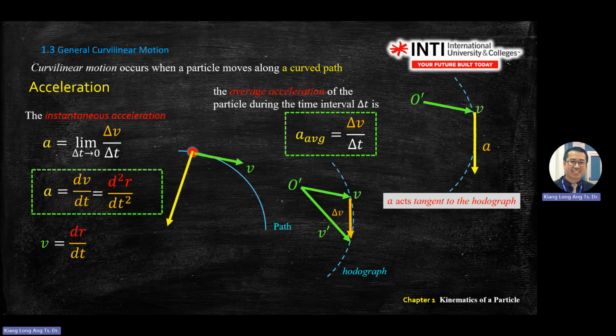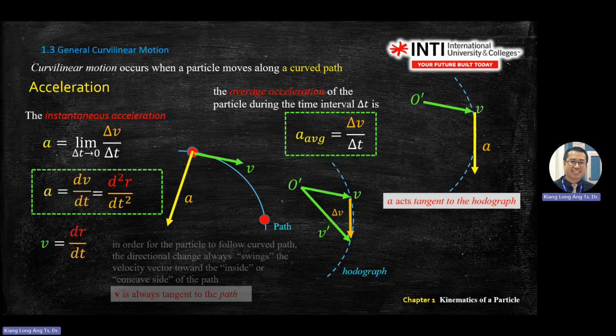So when I redraw the diagram, you know you have to draw the velocity. Velocity is always tangent to the curve on the position. Here also tangent to the curve. If you draw from the center, you will see the arrow pointing accordingly.